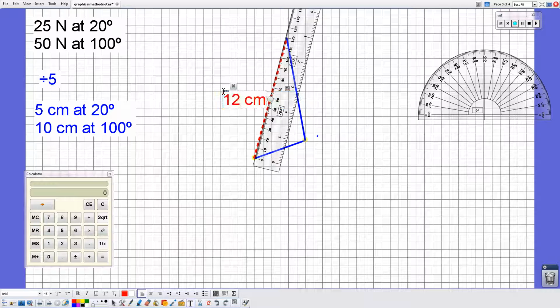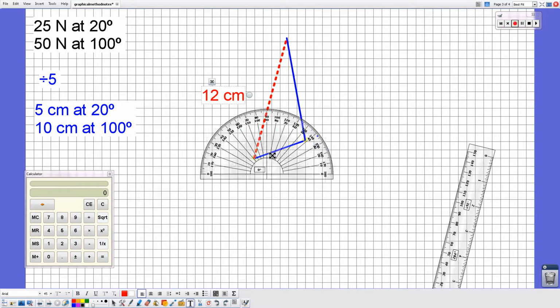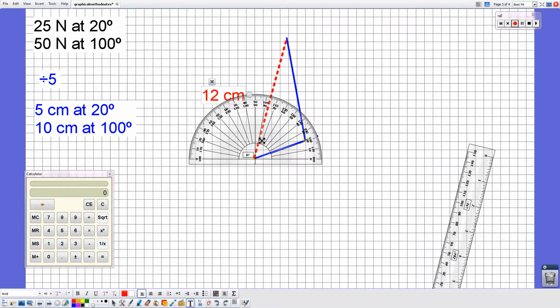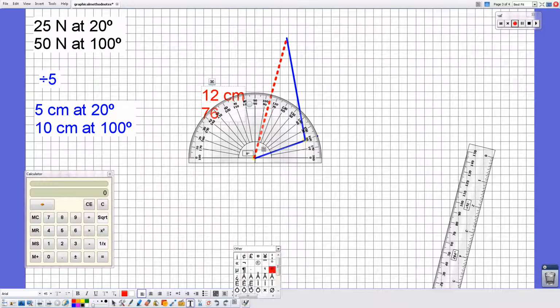So 12 centimeters. Okay, and now I need the angle, so I put this back at the beginning. And this looks like 76 to me. So at 76 degrees.